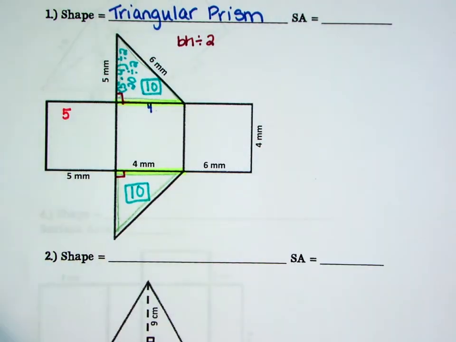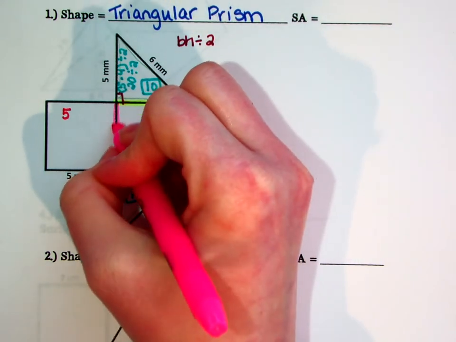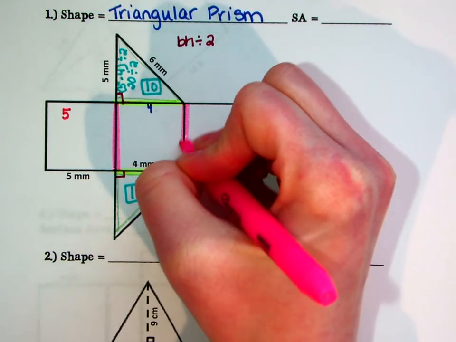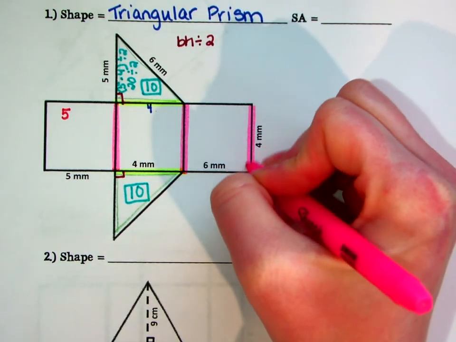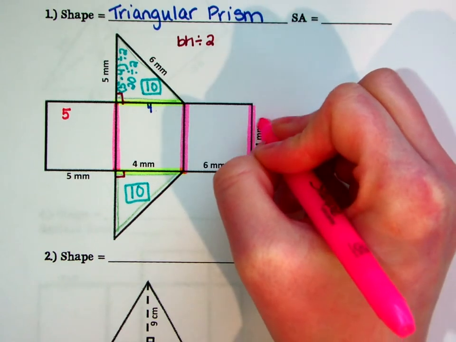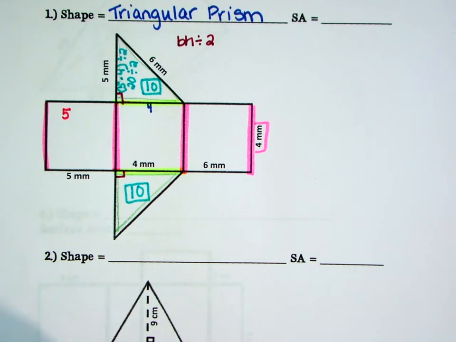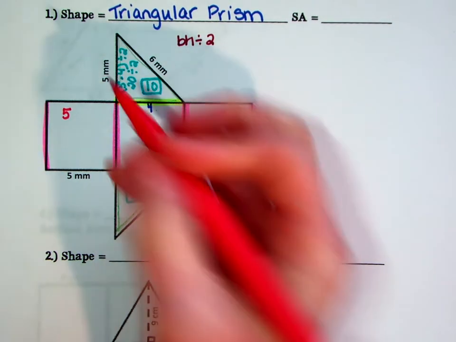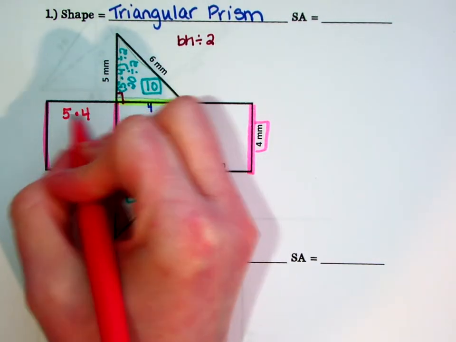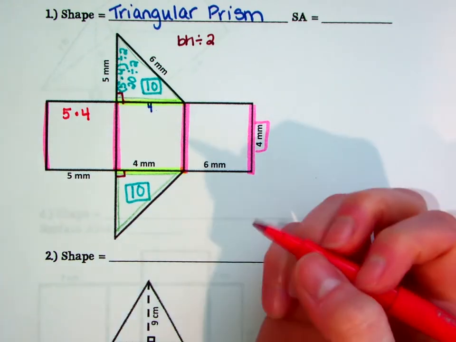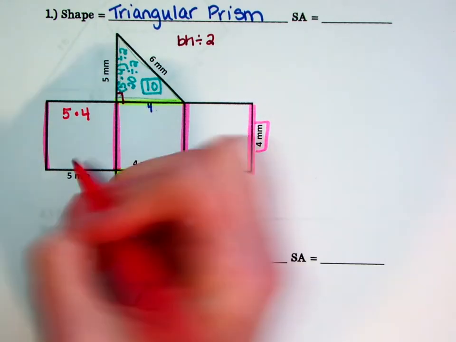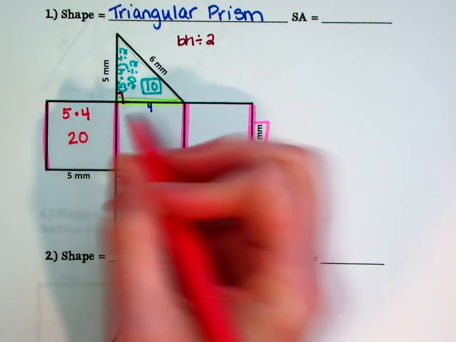So in order to see what the height is, I can keep following all of these parallel lines till I come to this guy, this 4. They are all 4. So this rectangle is a 5 by 4. So we're going to do 5 times 4 to find the area of this rectangle. And the product of that we just did, which is 20.